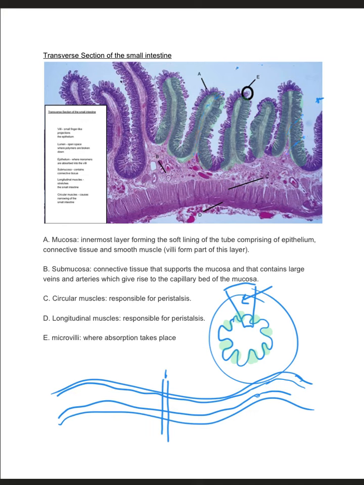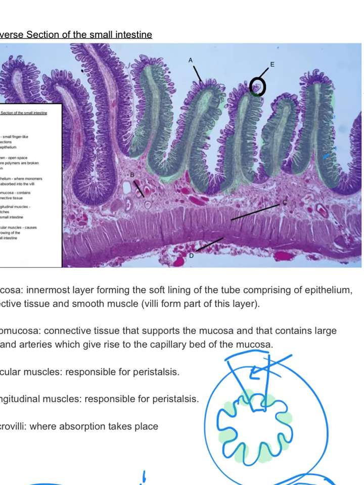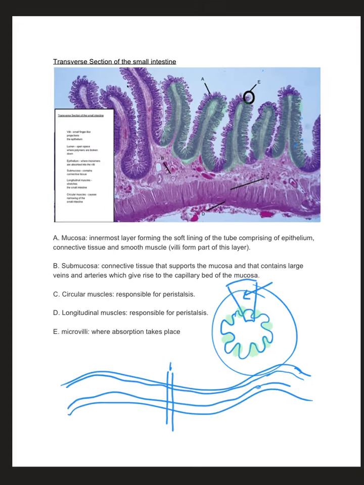The first is what we call the mucosa. If you zoomed in here a lot, it's the thin layer on the outside, the innermost layer towards the lumen, and it contains a whole bunch of things.